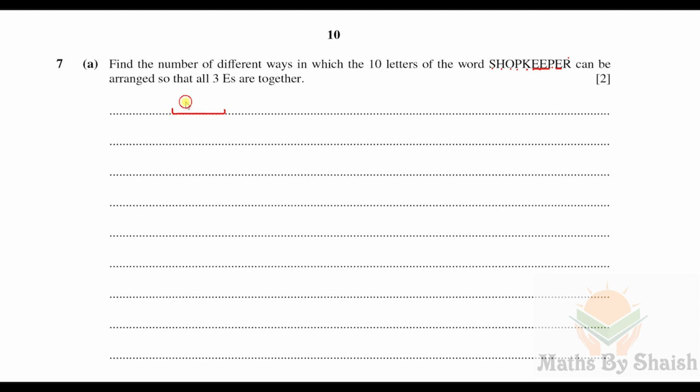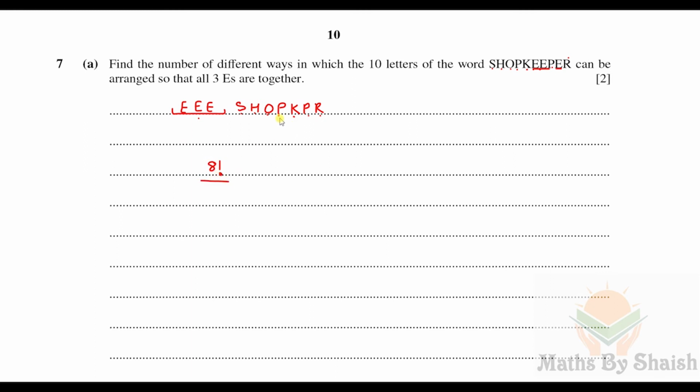So we are left with 3 E's together. I'll write in the beginning 3 E's together, then the rest of them as H O P K, double E came here, P and R. So we are left with 1 2 3 4 5 6 7 8 alphabets, and the number of ways they can be arranged is going to be 8 factorial.